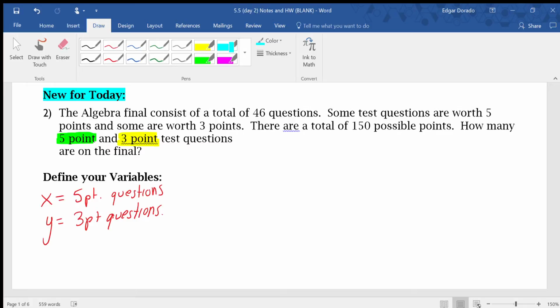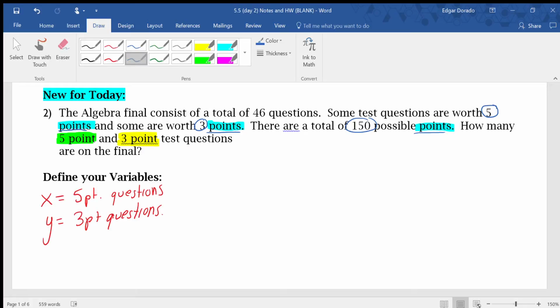So I saw 5 points, 3 points, and 150 points. Remember, in our equations, we've usually had 3 numbers. And right away here, I can identify that there are 3 numbers, 1, 2, 3, that I can use. And they're all followed by this word here, points, points, points.